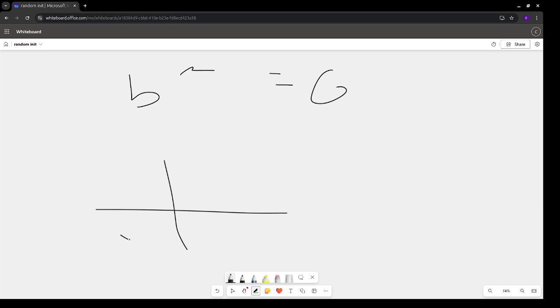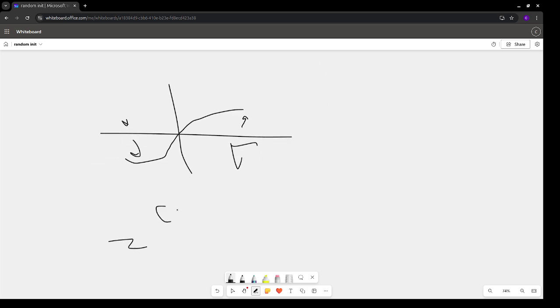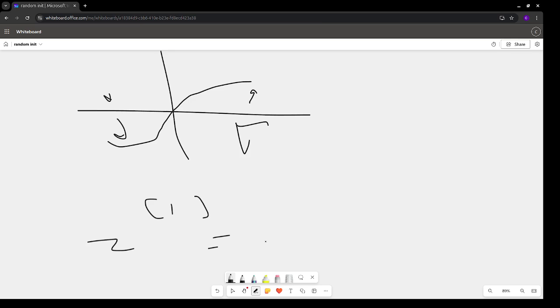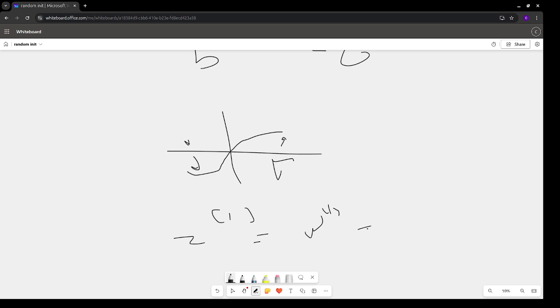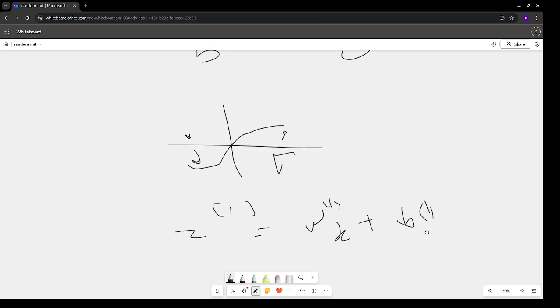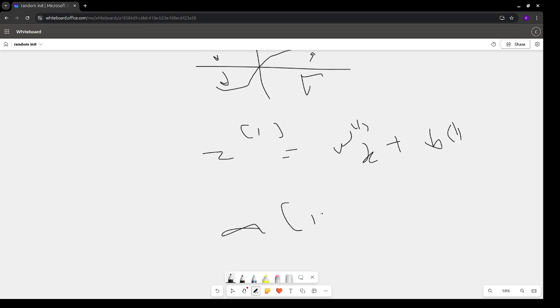And for the tanh graph, if weights are too large, then these things are going to be big. That means z1 equals w1 x plus b1, and a1 equals g1 of z1.